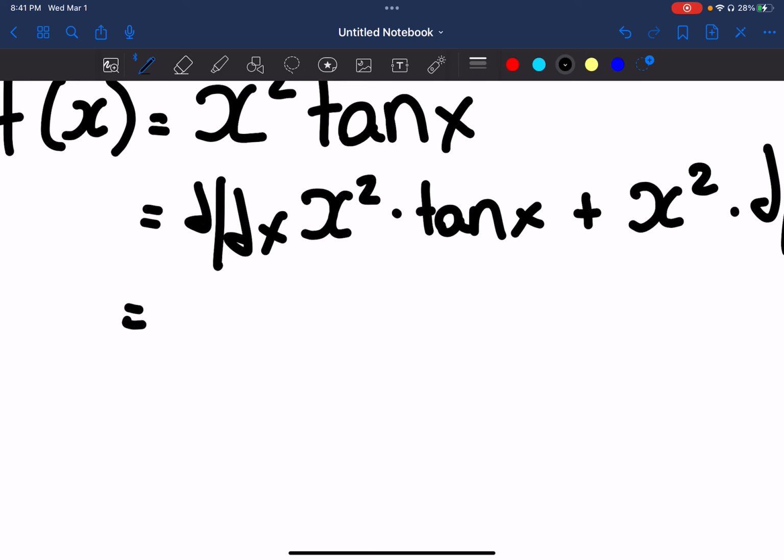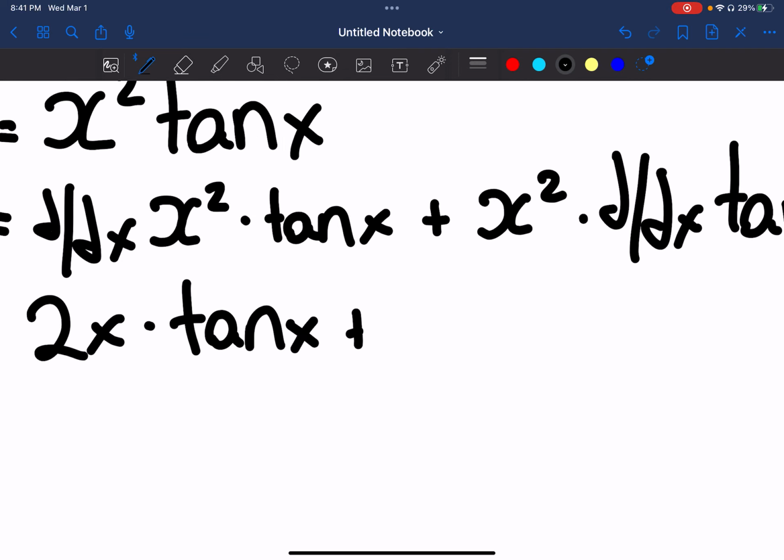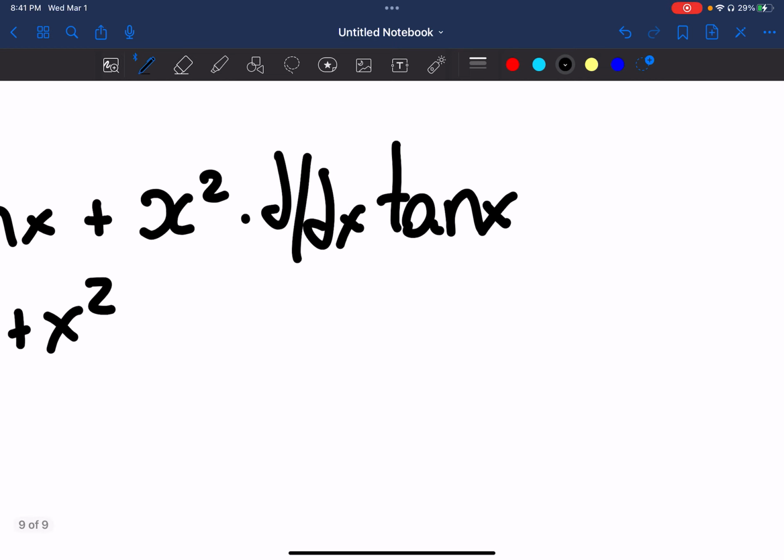So this will be equal to, the derivative of x squared is going to be equal to 2x times tan x, plus x squared, and the derivative of tan x is going to be equal to sec squared x.